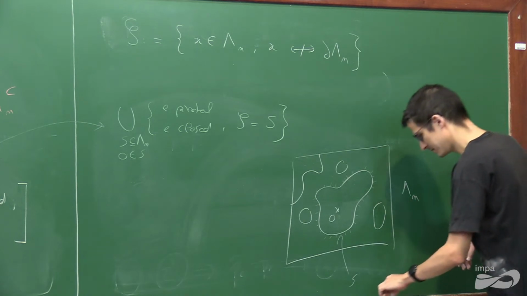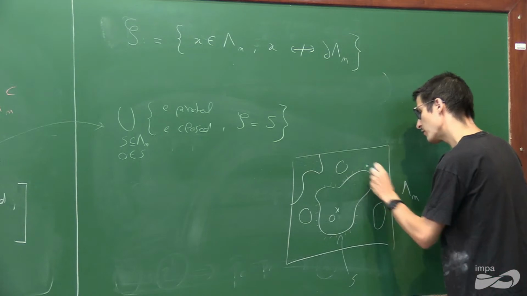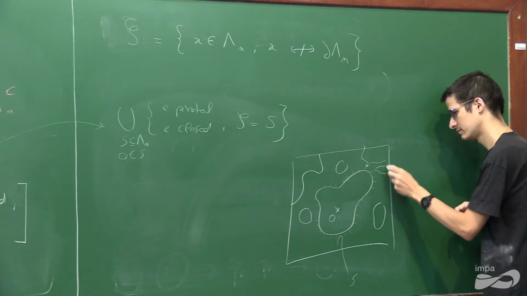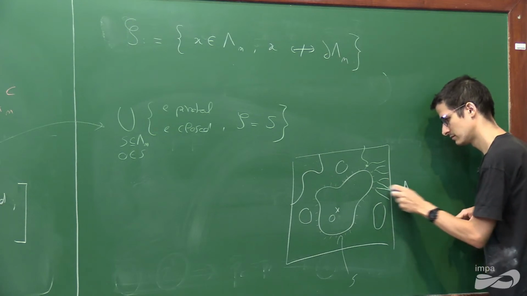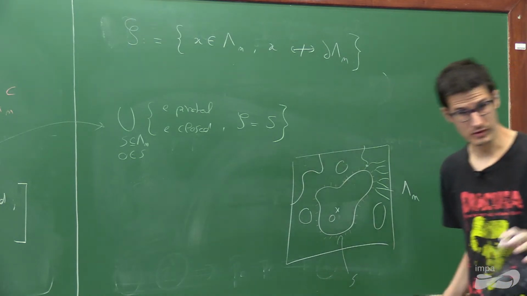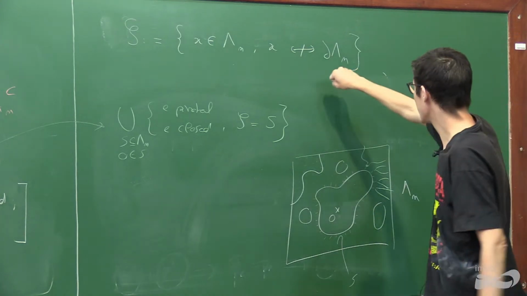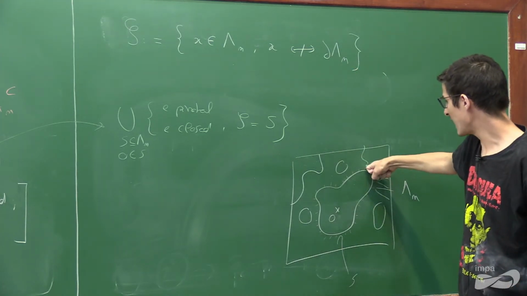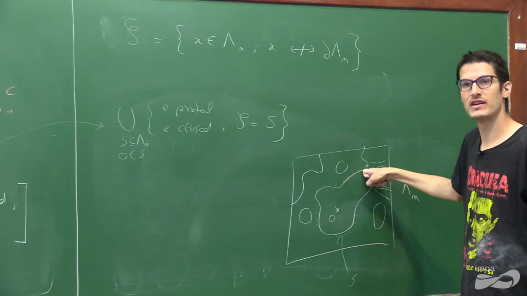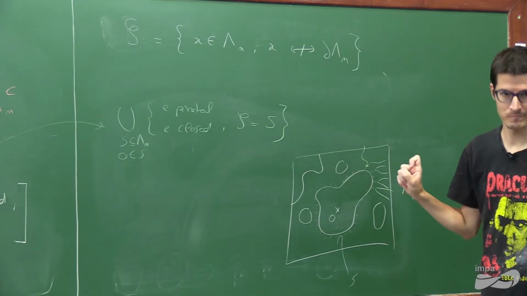And we know that all the vertices outside of S, they are connected to the boundary. Okay, by definition. Vertices outside of S, they are connected to the boundary. And these edges in delta S, they have to be closed because if not, this thing would be connected to the boundary, and this thing is in S, and things in S are not connected to the boundary.